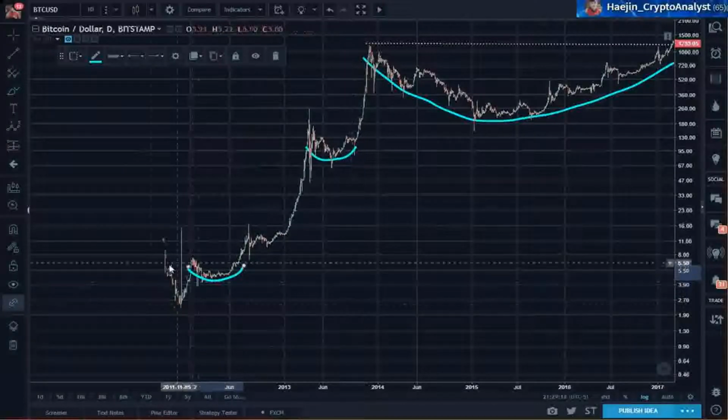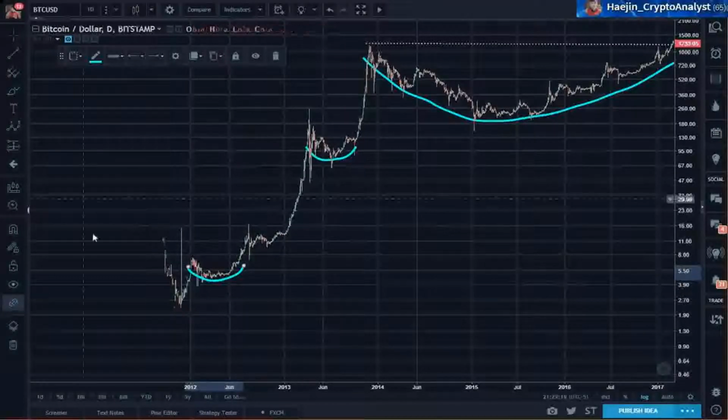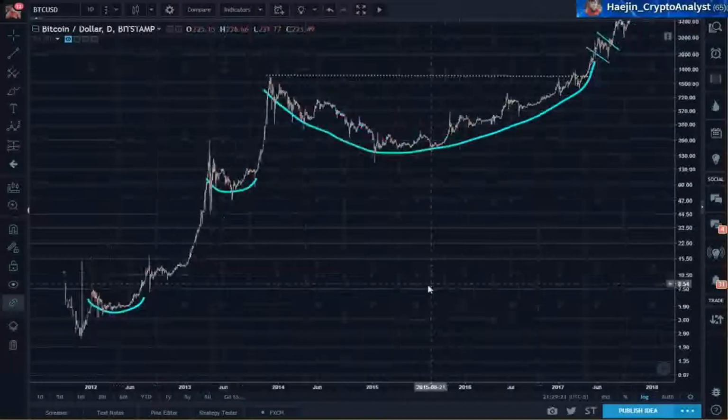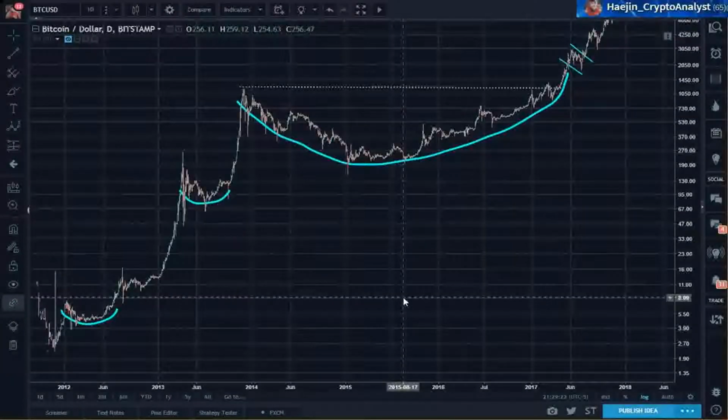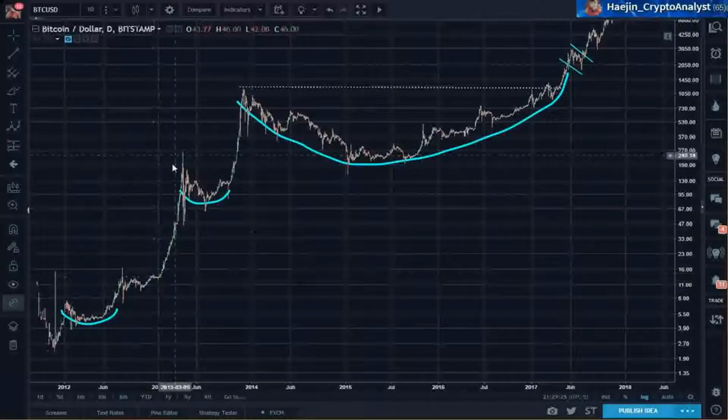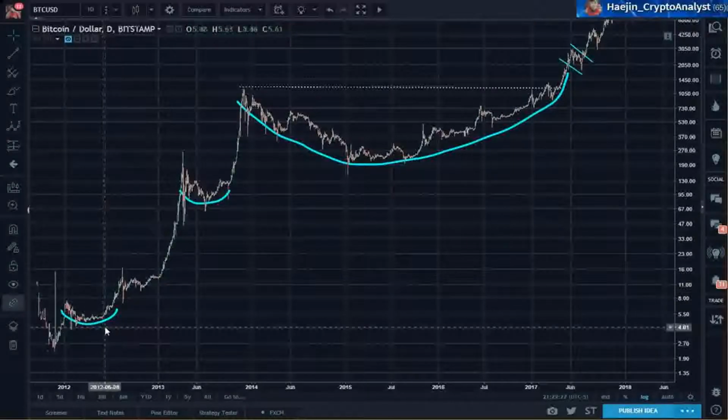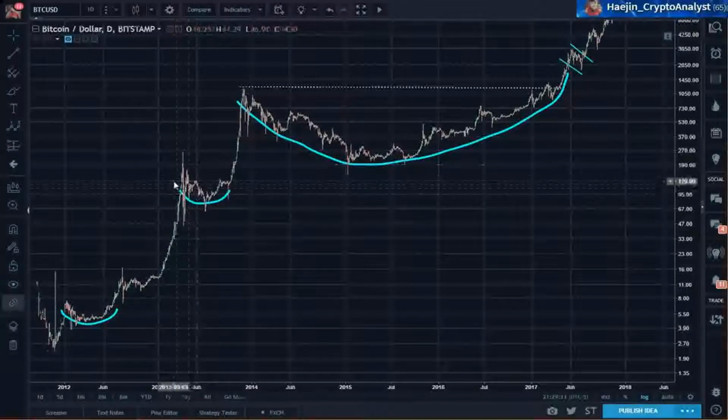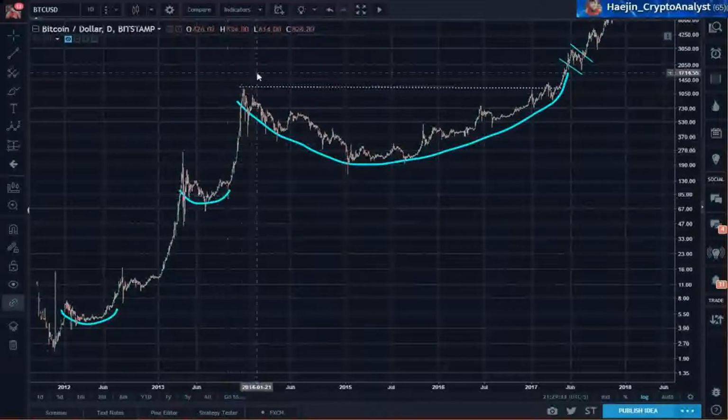This chart doesn't go farther than that, but anyways, 3 is enough. Whenever there was a vertical, there was a rounding bottom launching pad, then vertical.